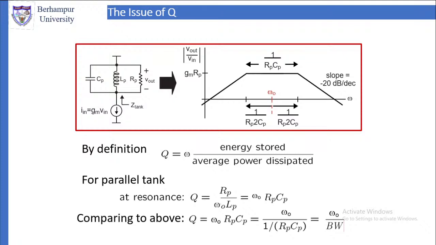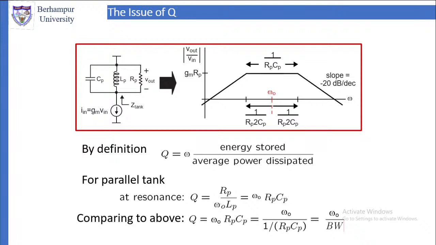Now if you compare these two, then Q is equal to omega 0 into Rp into Cp, that is equal to omega 0 divided by 1 upon Rp into Cp.